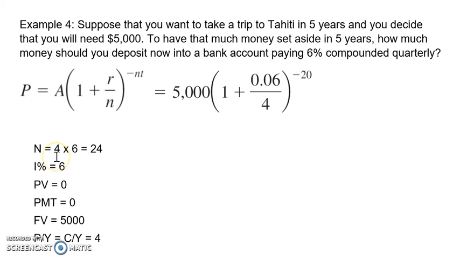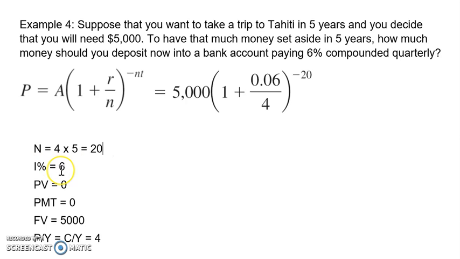So you can see here I've put in 4 times 6 for my n, total number of payments or compounding periods. I got the 4 from quarterly compoundments, and I multiplied it by 6, the time in years, to get 24 compoundments. Oh look, I got a mistake there. It should be 4 times 5 is 20.